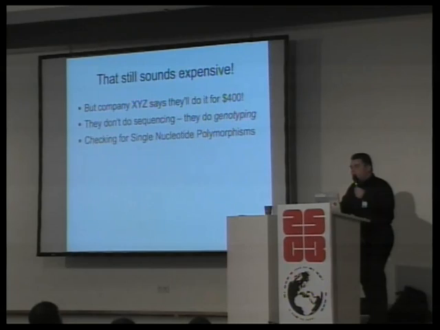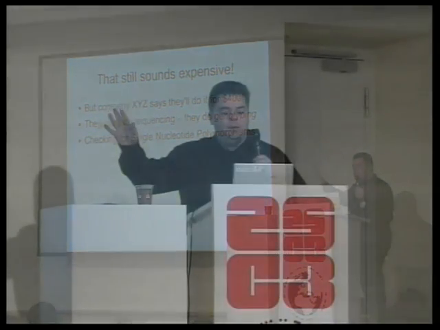They check for single nucleotide polymorphisms, or SNPs in short, which is basically a one base change at a certain position. So at this position, they say normally people have an A there, but this guy has a T there. That would be a SNP, so a one base change basically.